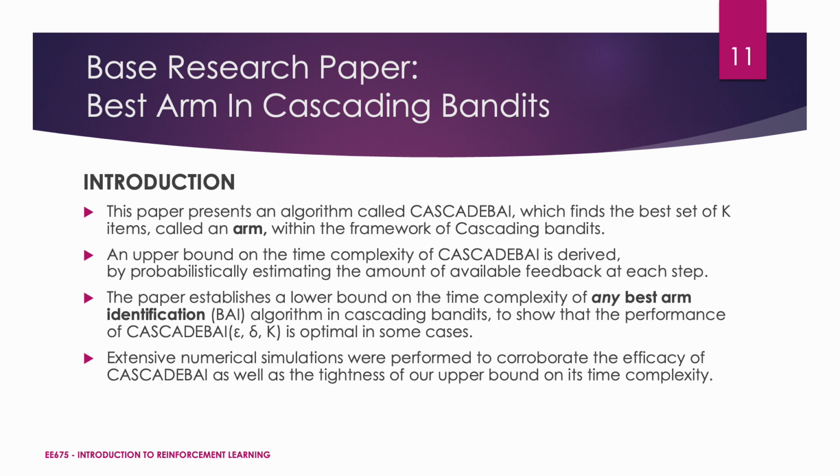Additionally, a lower bound on the time complexity of any best arm identification algorithm in Cascading Bandits is established to demonstrate the optimality of the Cascade BAI algorithm in certain scenarios. The efficacy of Cascade BAI and the tightness of its upper bound on the time complexity are further validated through extensive numerical simulations.